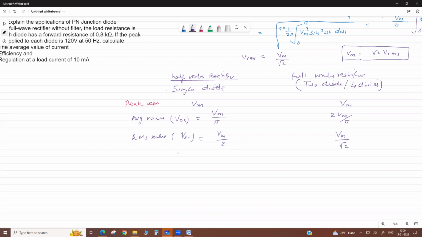This is AC. For current also, if you give a current, then it is Im by pi, the average value of current. It is Im by 2, like this.